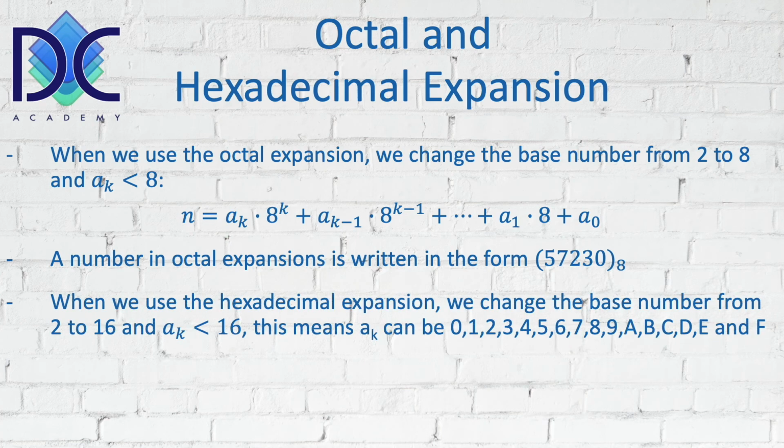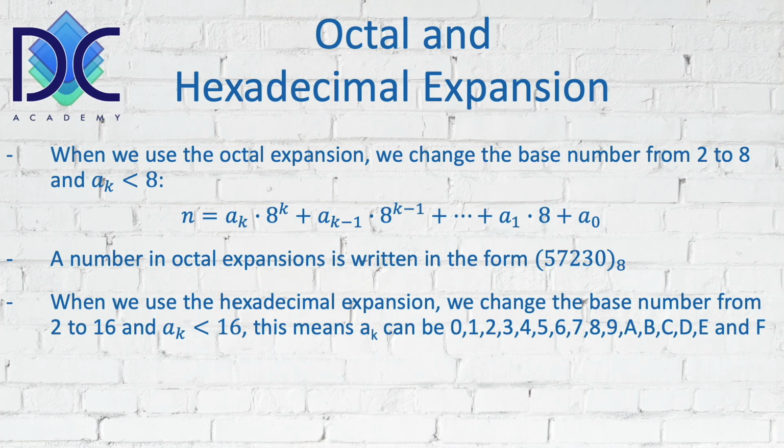When we use a hexadecimal expansion, we change the base number to 16, and the coefficients a_k have to be smaller than 16. So basically they can be from 0 to 9, but after 9 we cannot put 10 there.